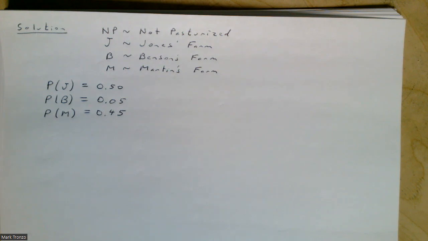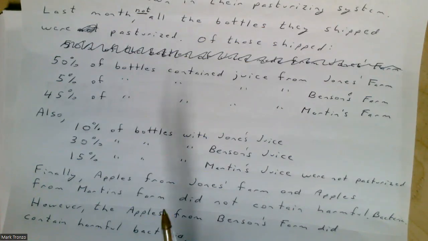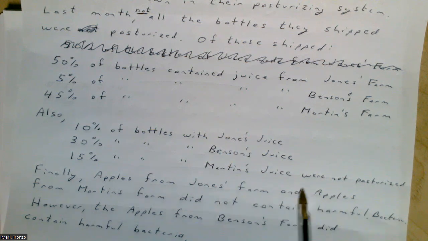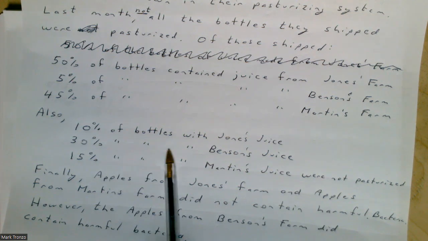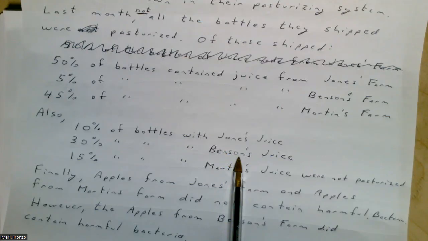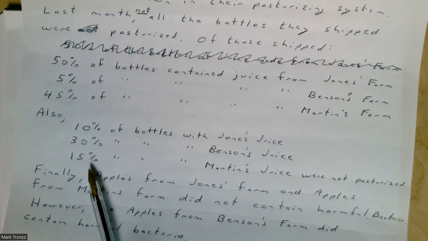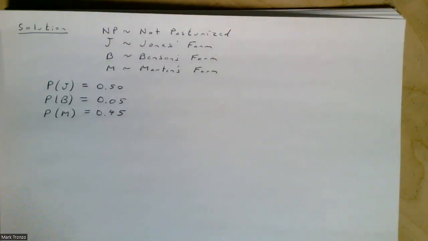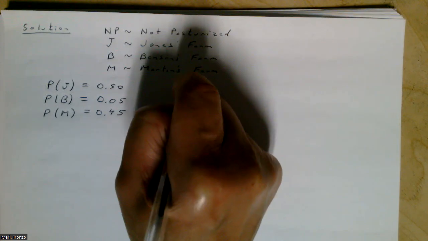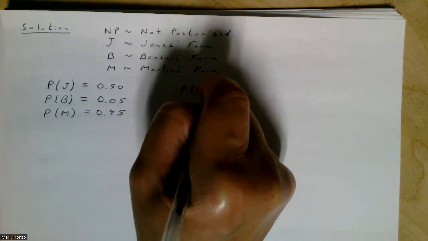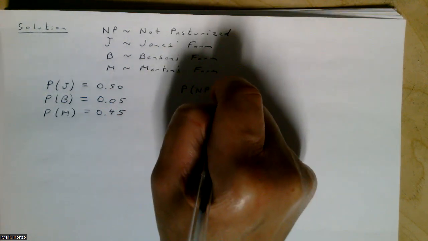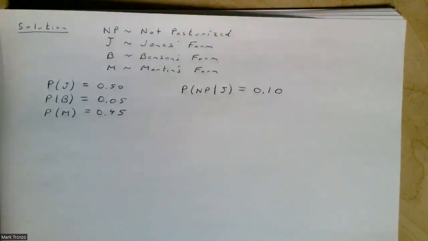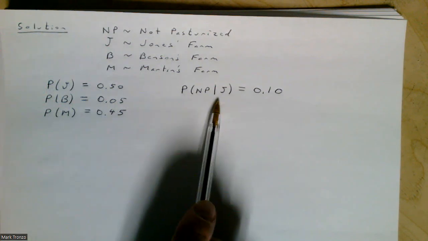So now we know some other information. We know that 10% of the bottles with Jones's juice were not pasteurized, 30% of the bottles with Benson's juice was not pasteurized, and 15% of the bottles with Martin's juice was not pasteurized. So we have the probability that it's not pasteurized, given that it came from, say, Jones's farm, is 0.10. And now notice I sort of organized this way.